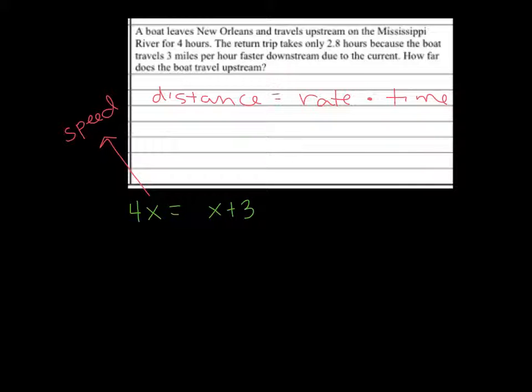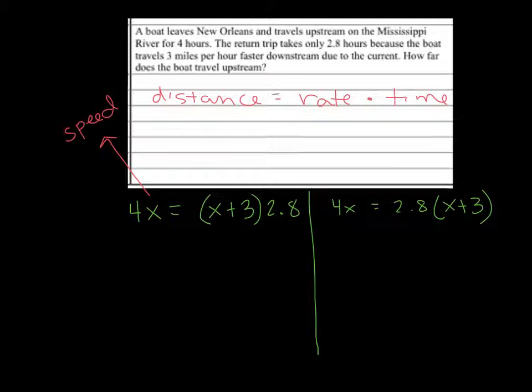Then it also tells me that my time, so look at your equation up here, you're supposed to do rate times time. So I know that the time it took me to travel this was 2.8 hours. So I'm going to write 2.8. Now some people don't like it written like this. It throws them off. So I'm going to rewrite this in a more pleasing to the eye format. So I know that I have 4x equal to 2.8 times x plus 3.